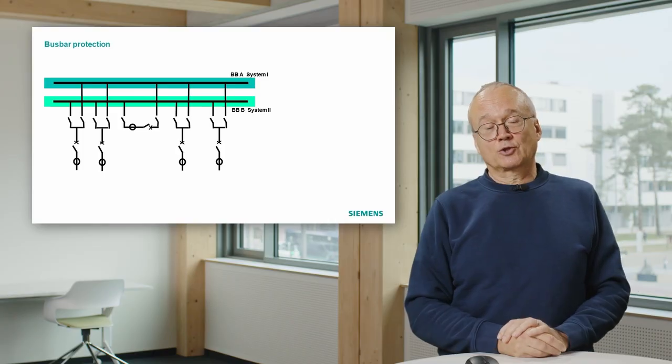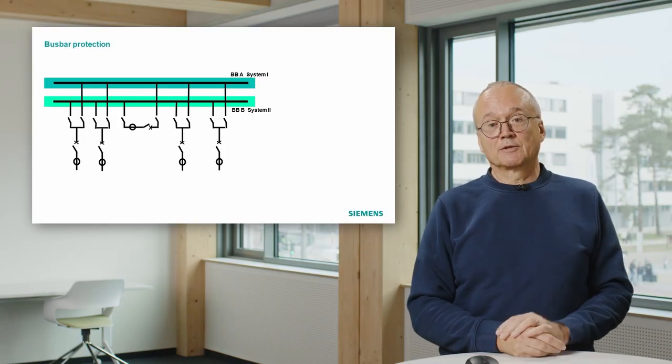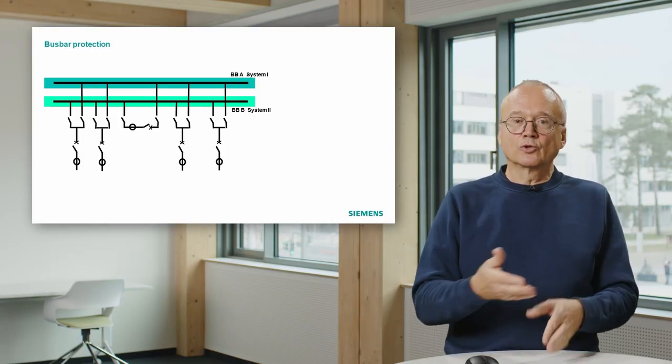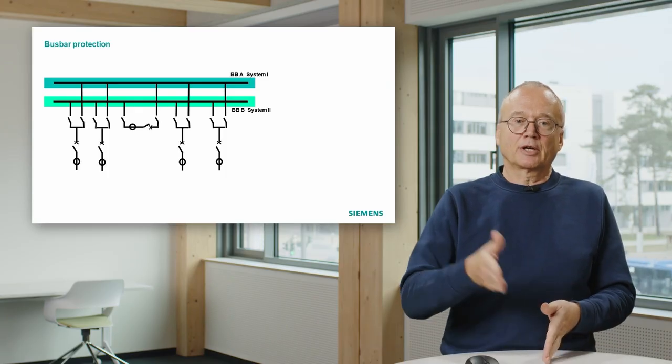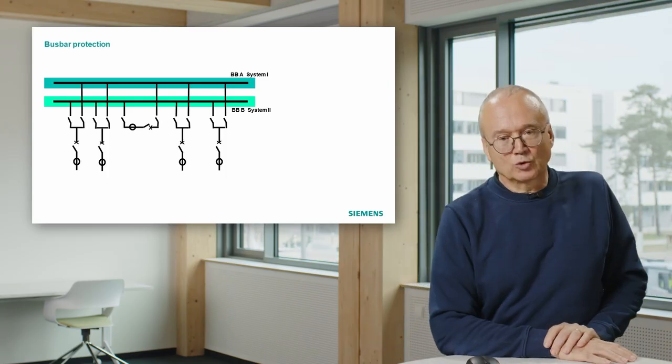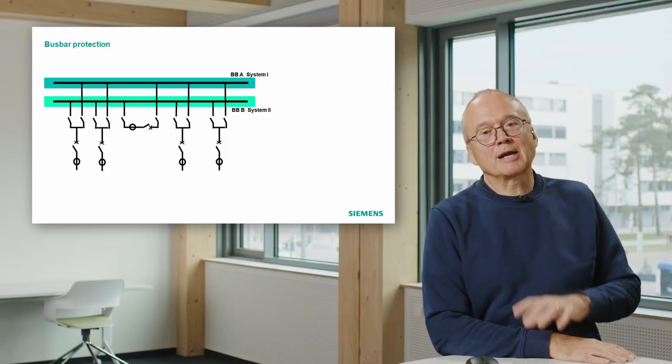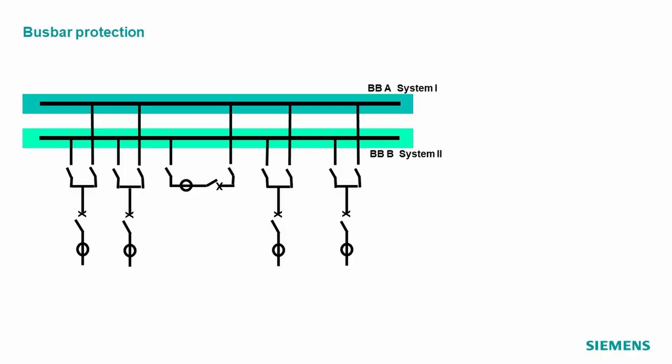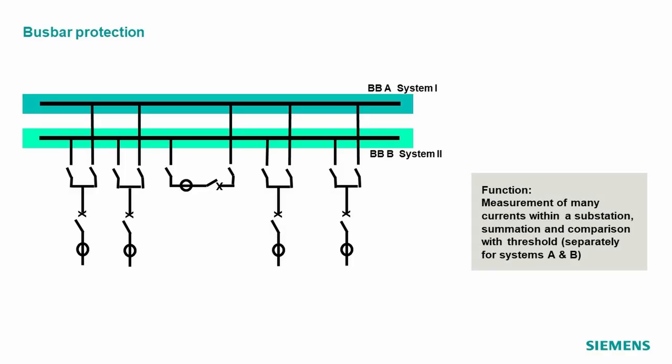How does it disturb the measurement? Because then you may do a wrong assignment of a measured current to a bus bar. And that makes the application of the differential principle a bit tricky in case of the bus bar protection.